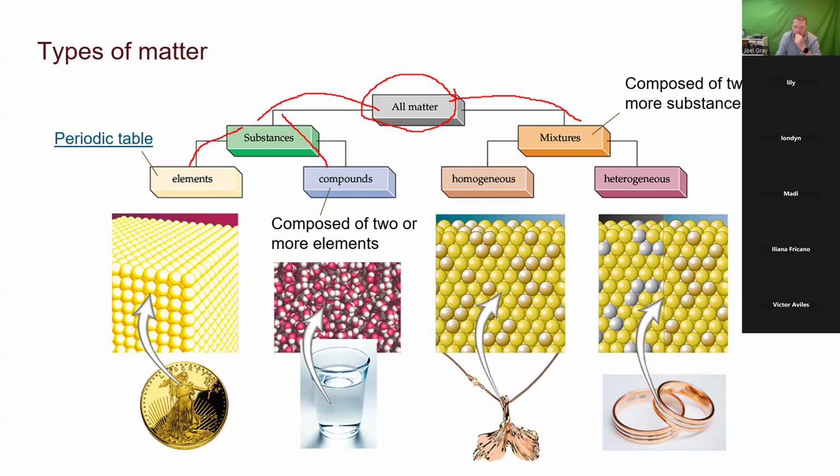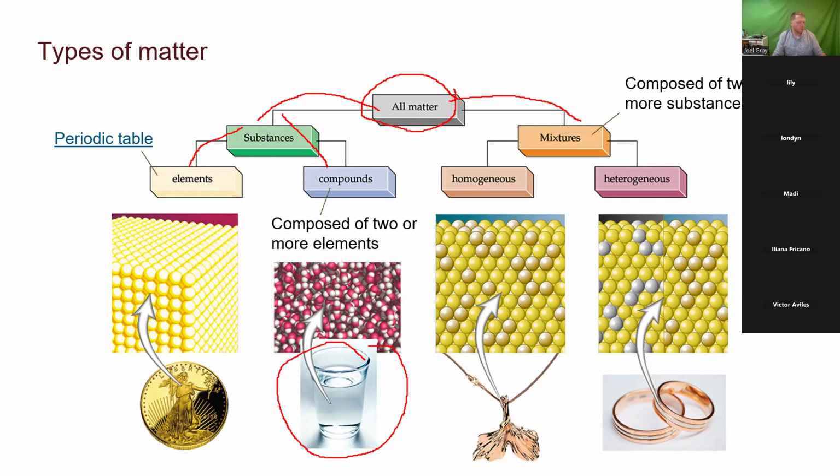Now let's take this avenue on the left-hand side. A substance is either going to be an element or it's going to be a compound. Water is an example of a compound. And an element would be something like pure gold.